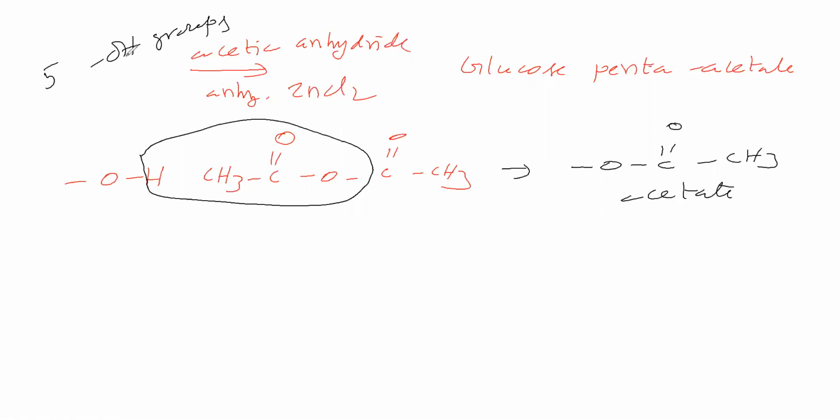So in glucose, 5 OH groups are present. In glucose, 6 carbons are there. Of the 6 carbons, 1 carbon is the aldehyde, and the remaining 5 carbons contain OH groups. So we can say pentaacetate.